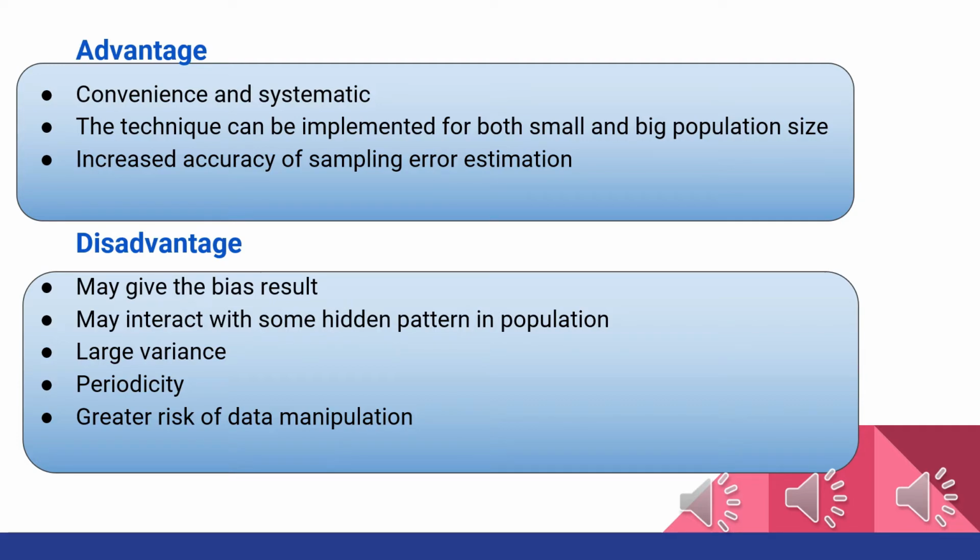Next is periodicity, for example, New Year season and so on. The last disadvantage is greater risk of data manipulation. The researchers may be able to construct their system to increase the likelihood of achieving a target outcome rather than letting the random data produce a representative answer. So, any resulting statistic cannot be trusted.